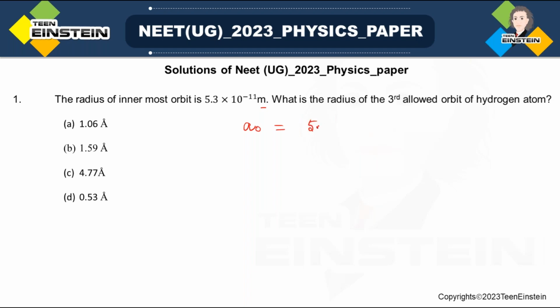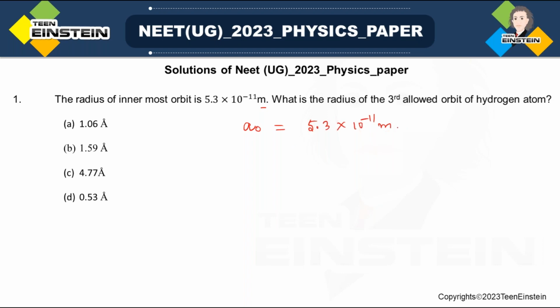That is given as 5.3 × 10^-11 meter. What is the radius of the third allowed Bohr orbit? What is the radius of the third allowed orbit of the hydrogen atom? So we have to find the third orbit of the hydrogen atom.